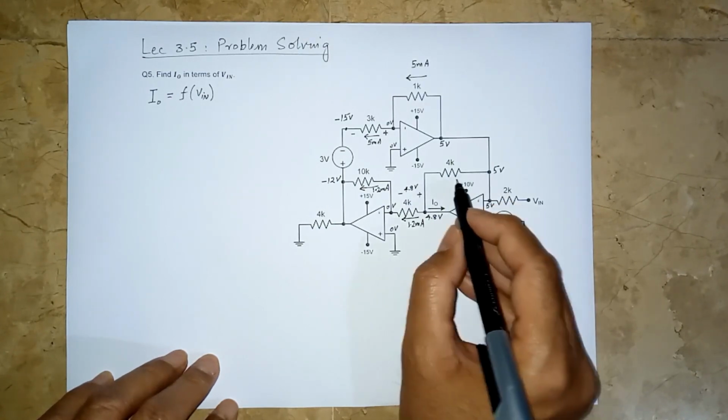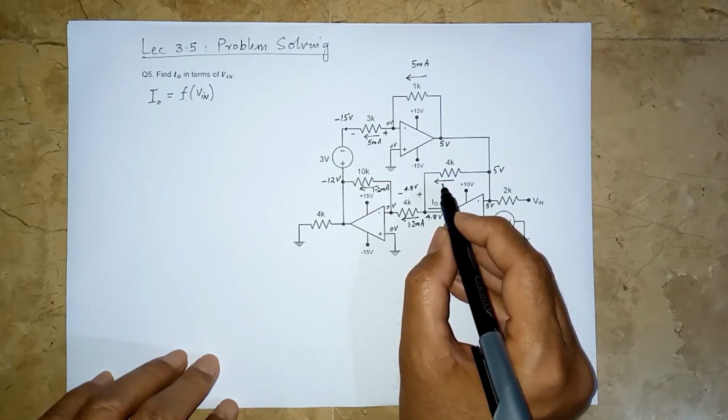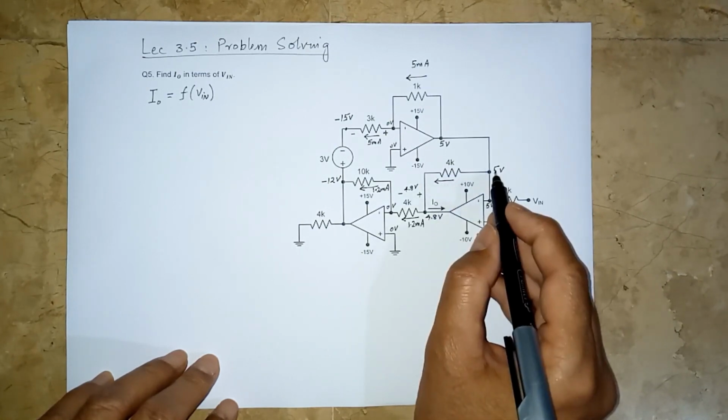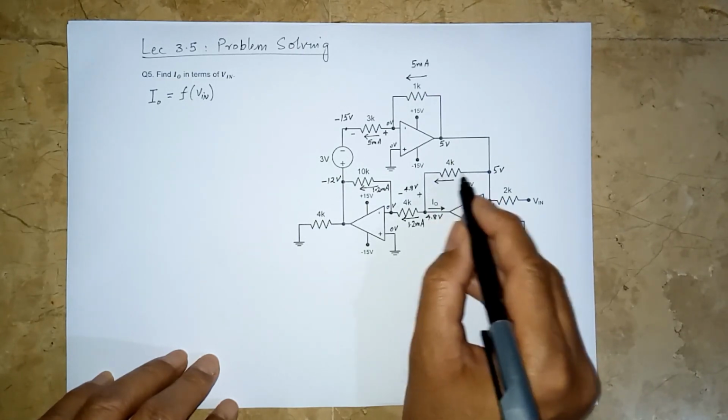And this is 5 volts. So there is 0.2 volt across this resistor.